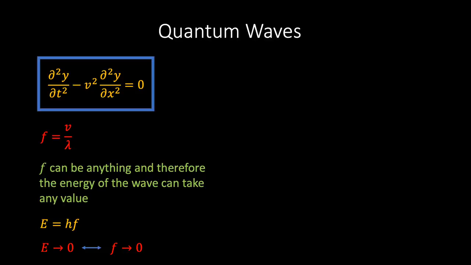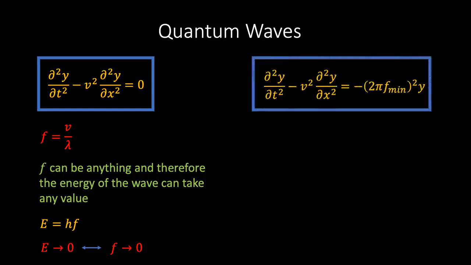However, we have also seen that by modifying the wave equation and adding a linear term, we arrive at a different constraint equation, which implies that waves obeying this equation have a minimum possible frequency. Now the key point is that when we add quantum mechanics into the mix, this minimum frequency constraint translates into a constraint on the minimum energy that a quantum of this type of wave can have.